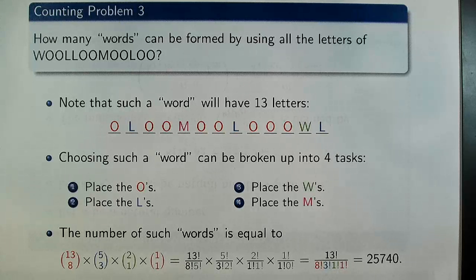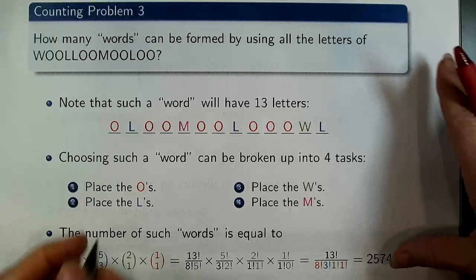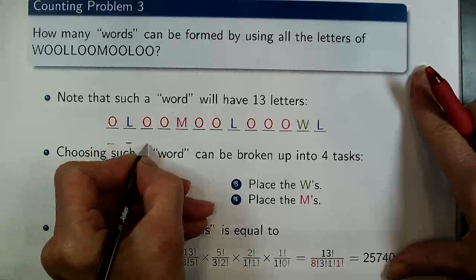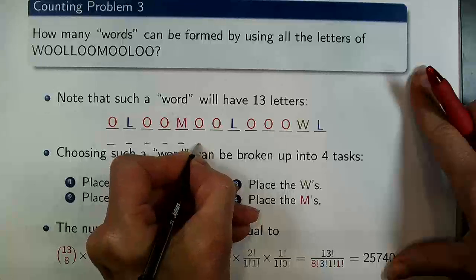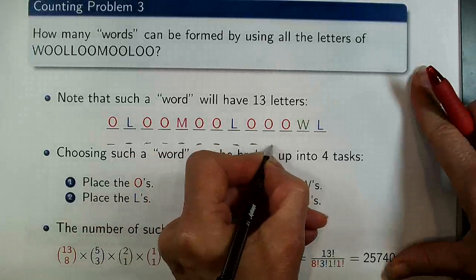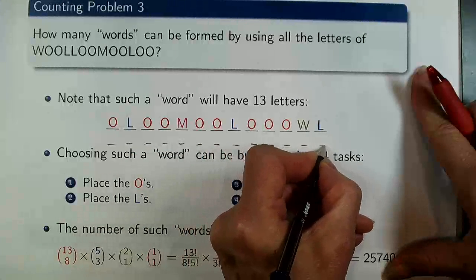Well, we're going to look at finding all the ways of arranging the letters of Woolloomooloo by breaking this up into 4 simple tasks. For the first one, we're going to place the O's. So we've got our 13 places, and how many O's do we have?